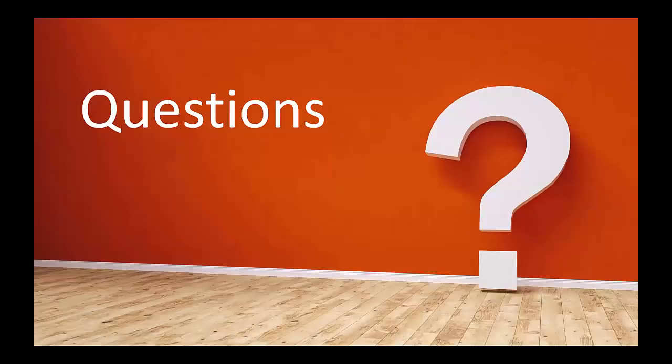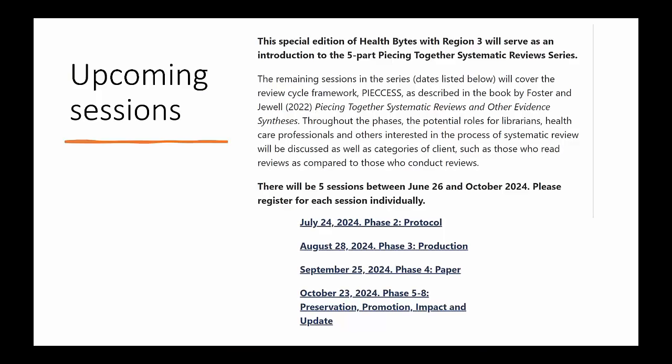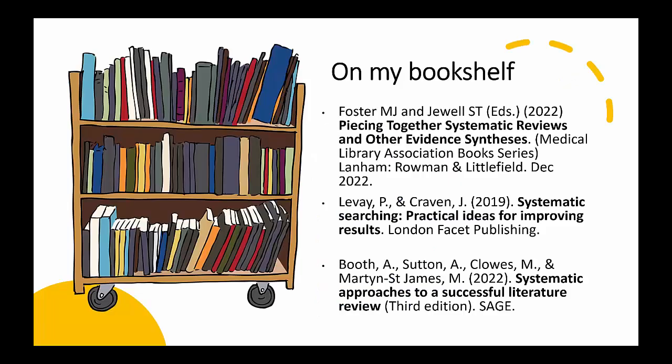I just gave you all a lot of information, and we have about 5 minutes left here. I'm going to come back to this question slide. I just want to point out a couple of things, and then I'll do that. So our next session is going to be all about the protocol on the 24th. This is what's on my bookshelf, and that's Dr. Booth's book. If I had to hand any student a book about systematic reviews, I would give them Dr. Booth's book.